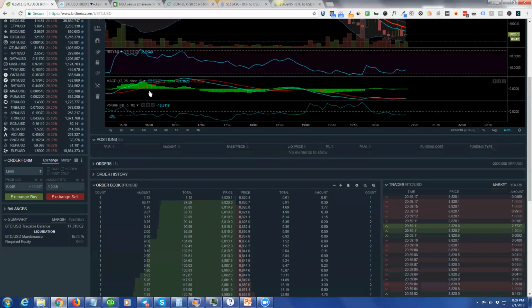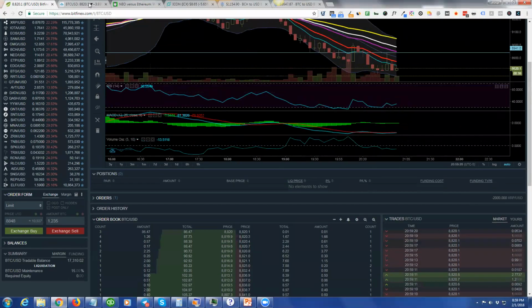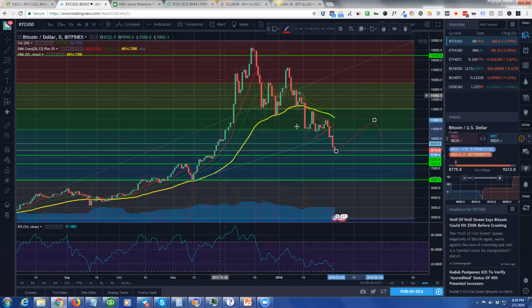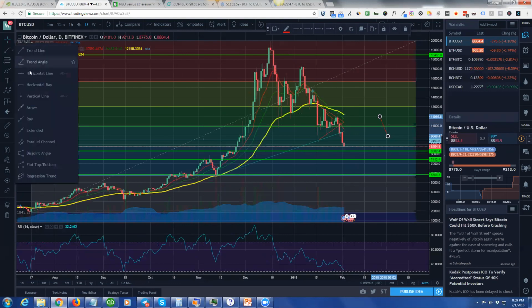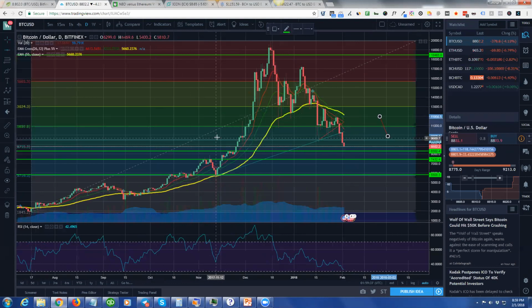Now, let me give you another example here. If I go back here, remember how I drew these trend lines? So I drew these trend lines here, okay? And let me draw on the other one I had. So the previous support was right here, and you see that we broke through this.